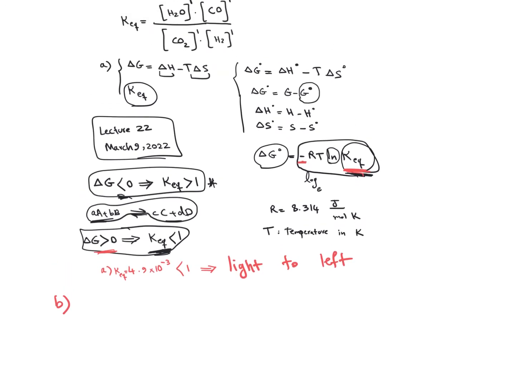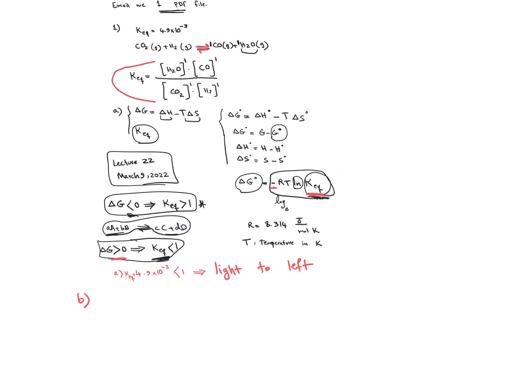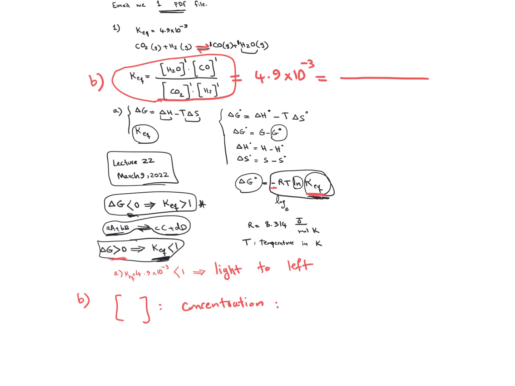And then for the second part, I already wrote the equilibrium constant expression. So here for B, we already have the equilibrium constant 4.9 multiplied by 10 to the power of minus 3. If 0.2 moles of CO2, and I just substitute in the things that I have, right? The other thing that we should consider before I write this is that these are concentrations. And concentration, one of the units is mole per liter.